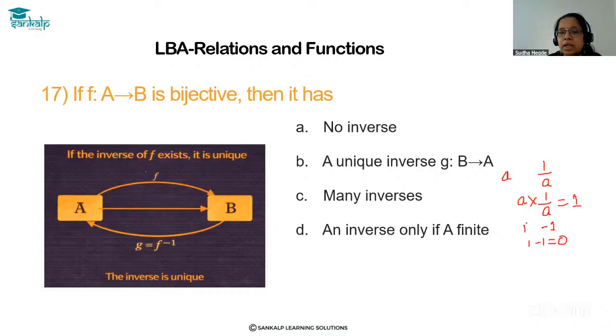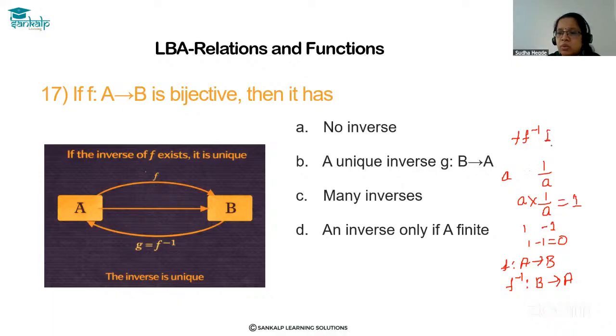Okay? In function, the reverse mapping you should take for inverse. Suppose f is from a to b, then f inverse will be from b to a. And f inverse composed with f will be identity mapping.